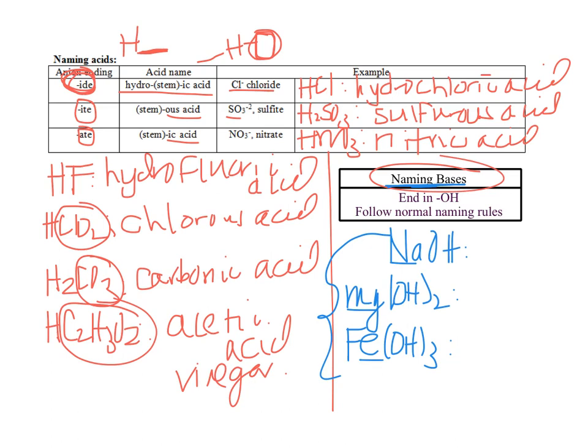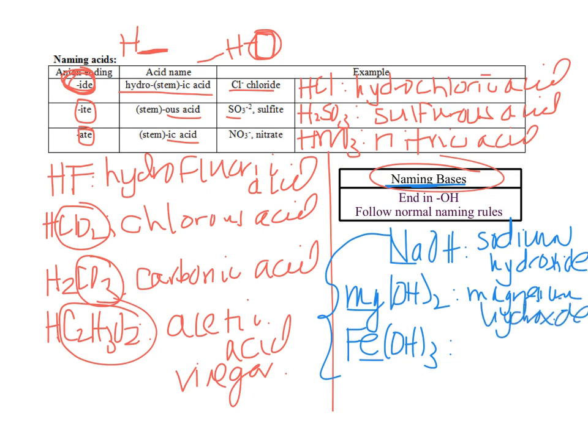So this first base would be sodium hydroxide, and does not need Roman numerals. OH is a group, a polyatomic called hydroxide on the back of your periodic table. Mg(OH)2 is magnesium hydroxide.